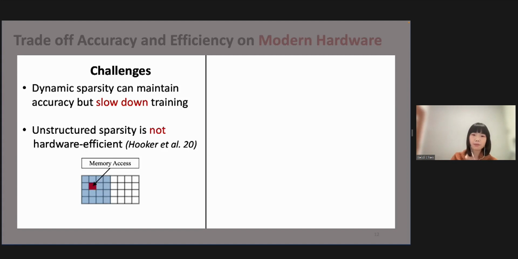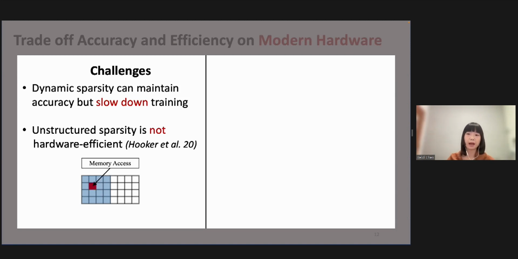The second is that most existing methods face a famous trade-off between structured or unstructured sparsity and accuracy. Unstructured sparsity can be efficient in theory, but if it does not take into account the efficiency of the training hardware like GPU or TPU, which is especially optimized for dense computations, then there's a problem.